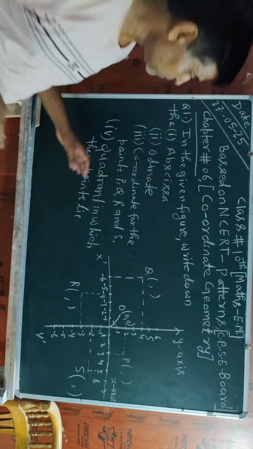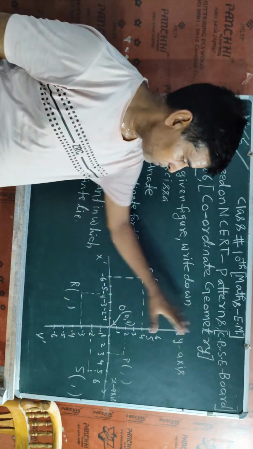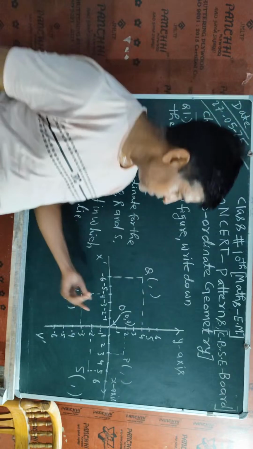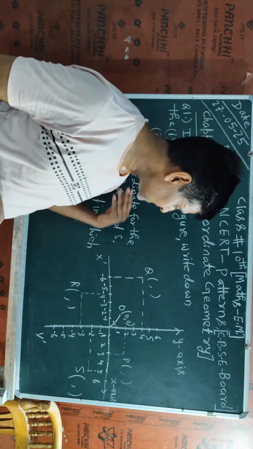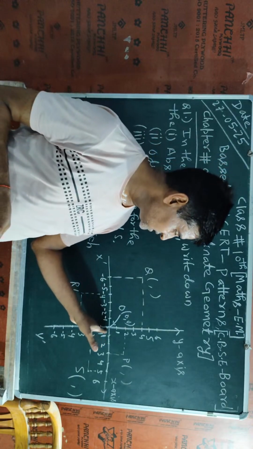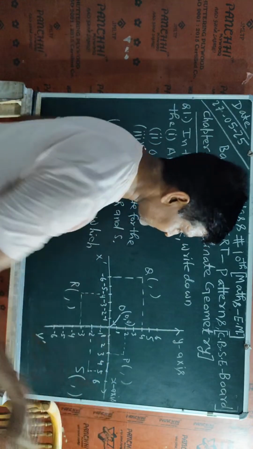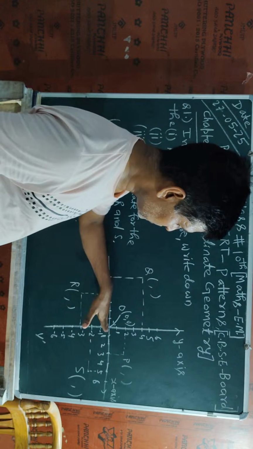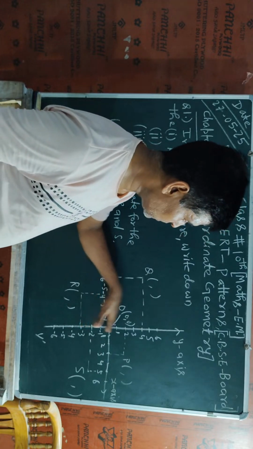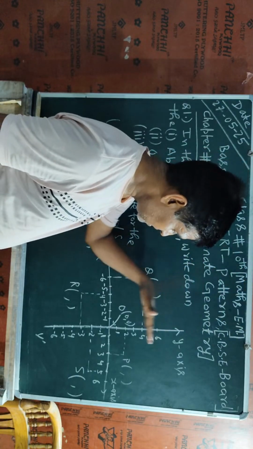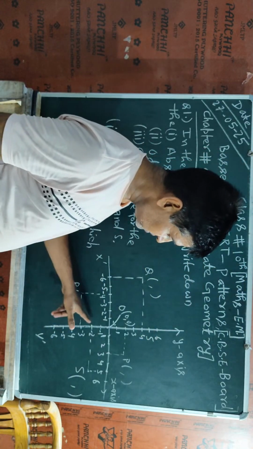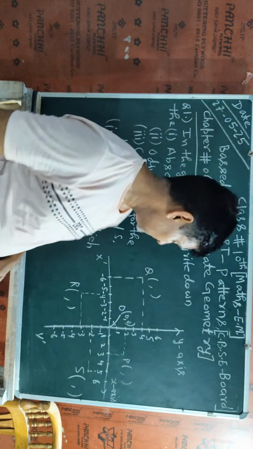Now here from the given information, from the origin I will take minus in the left-hand side, and from the origin I will take plus in the right-hand side. Same from the origin I will take plus above the x-axis, and below the x-axis the value of y will be negative.